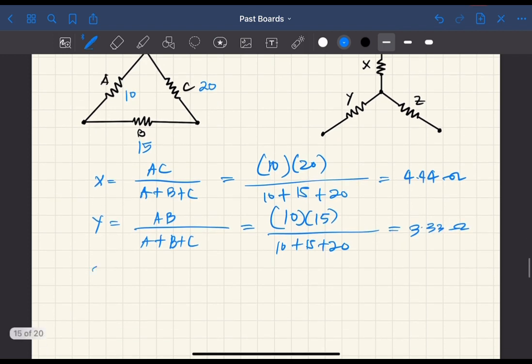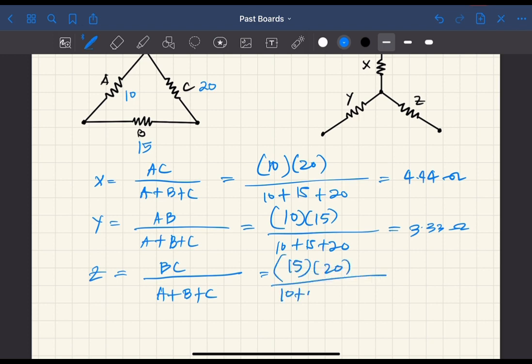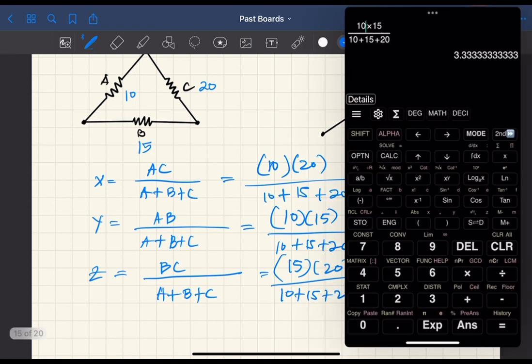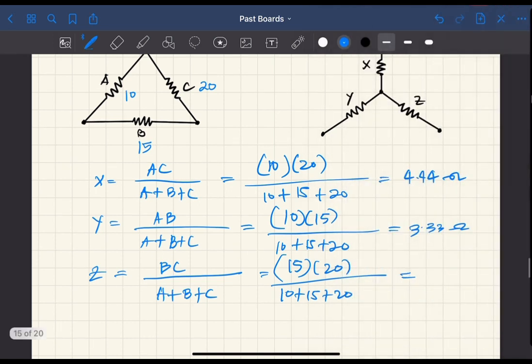Lastly, Z is equal to BC over A plus B plus C. So this is equal to 15 times 20 all over 10 plus 15 plus 20. And this is approximately 6.67 ohms. So that's it. That's the answer for this question number 1.